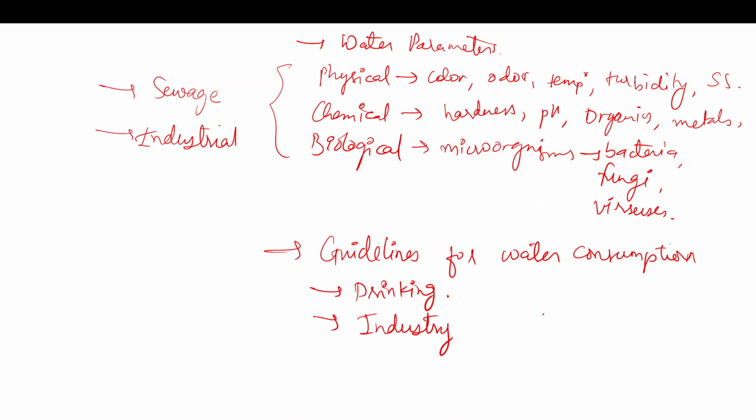In industry also, if it is to be used in a process or in a boiler, the specifications vary depending on the application. It could be agricultural use, or if it is to be dumped in surface water bodies. Depending on these applications, the water quality required changes, and that needs to be maintained at all times.